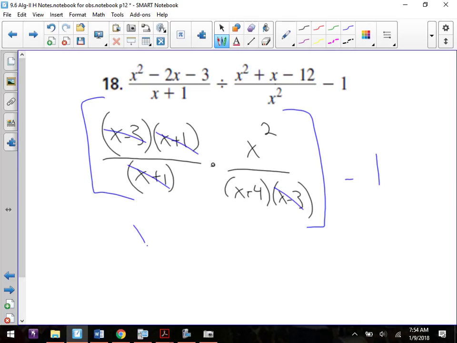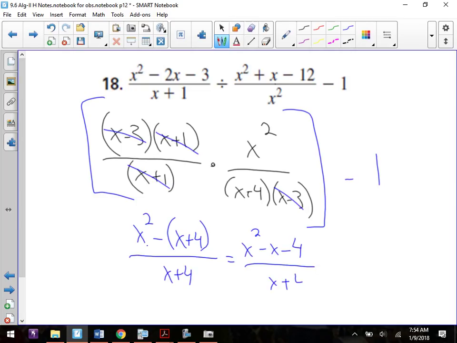So now we have x squared minus x plus 4 over x plus 4. So that's x squared minus x minus 4 over x plus 4. And the reason I did it that way is because I knew that the common denominator is going to be pretty easy. It's just going to be the x plus 4.